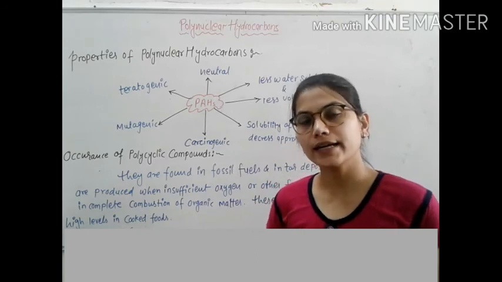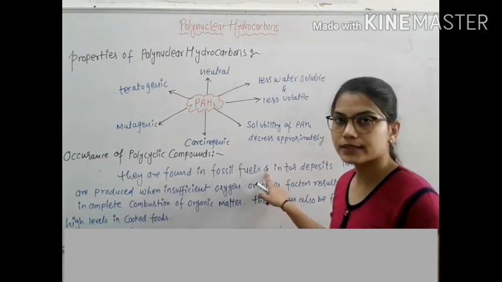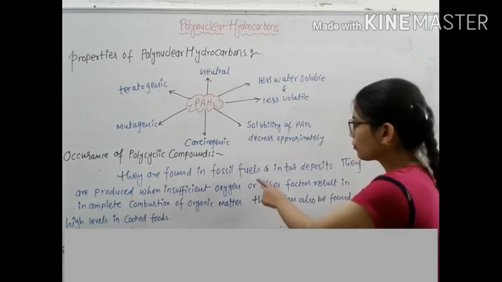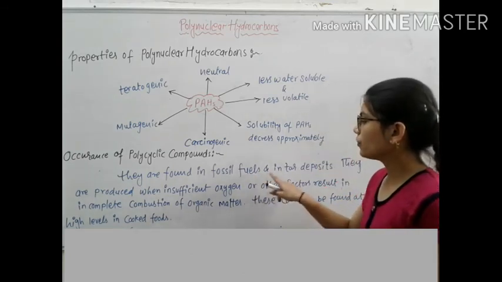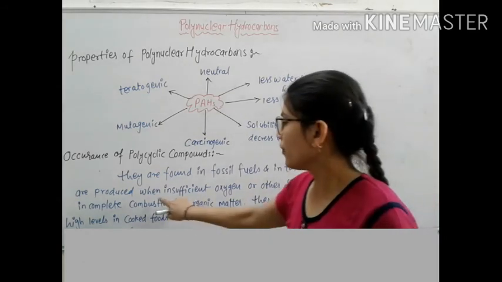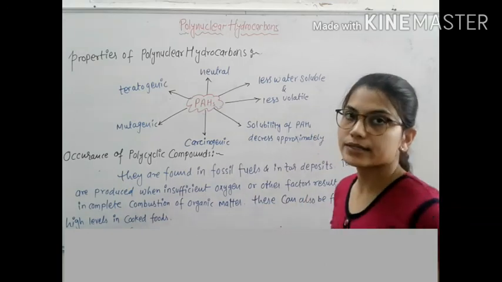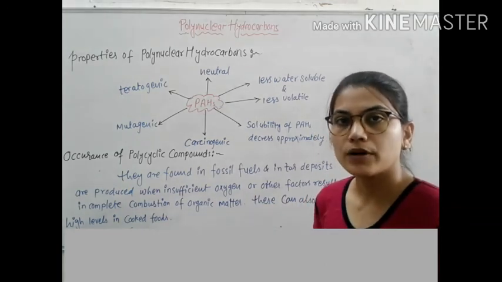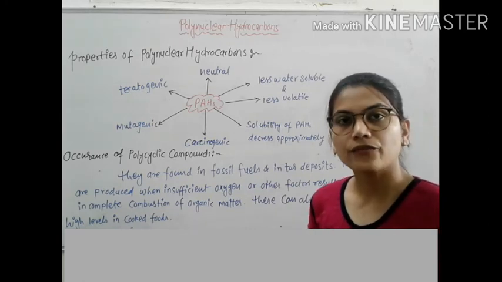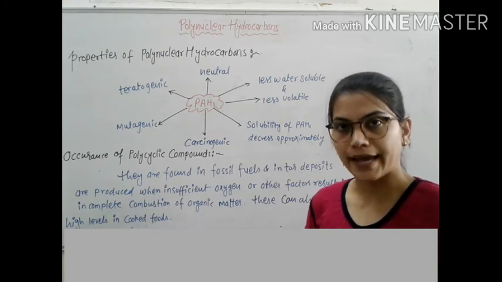Occurrence of polycyclic compounds. They are found in fossil fuels and in tar, found in oil, coal fuels, and in tar deposits. They are produced when insufficient oxygen or other factors result in incomplete combustion of organic matter, for example in engines, or when biomass burns in forest fires.